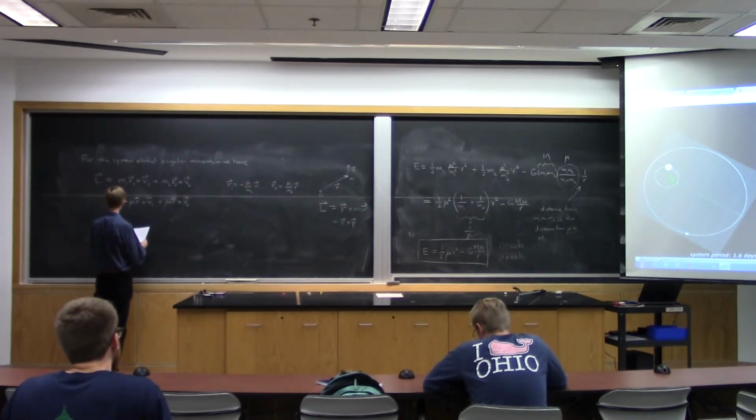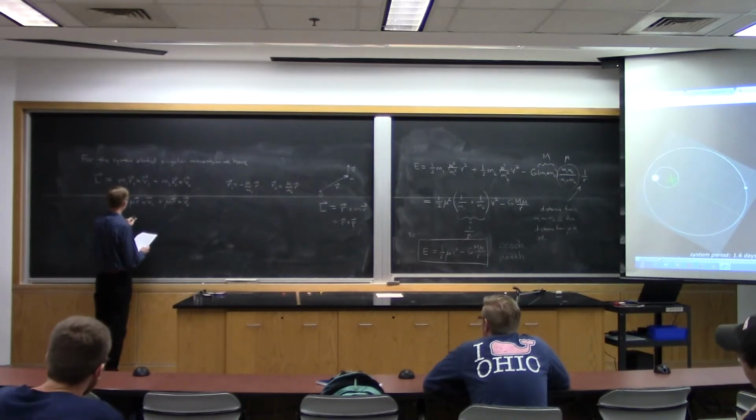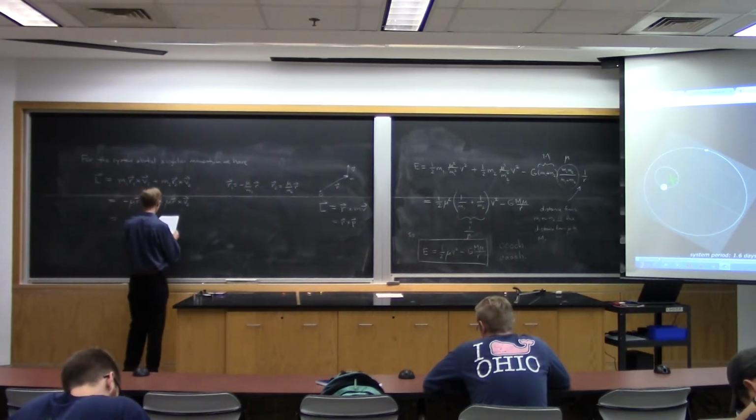Oh, but wait, we can write this as mu r cross v2 minus v1.